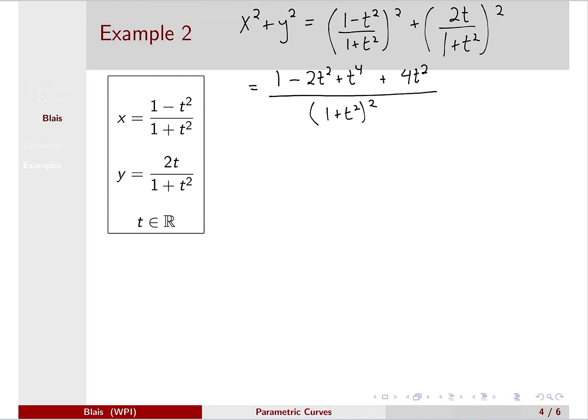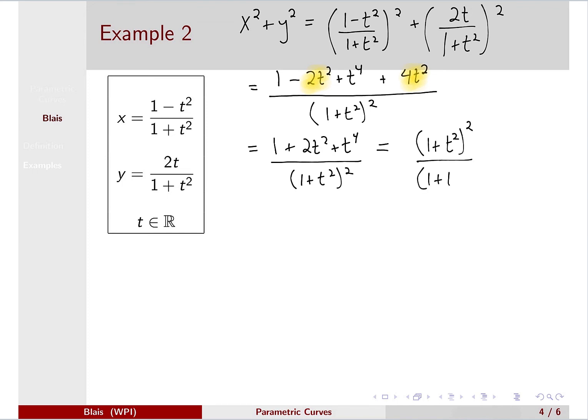And now notice that these terms here combine, and this gives us 1 plus 2t squared plus t to the fourth over (1 plus t squared) squared. And what we notice is that the top can be factored as (1 plus t squared) squared. And we see that what we actually have here is 1.